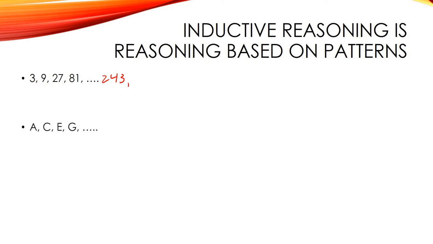Take a look at this pattern. Can you make a reasonable guess as to what the next one in the pattern would be? Hopefully you see that it's every other letter: A, B, C, D, E, F, G, H, I, J, K, L, M, etc. How about this one?